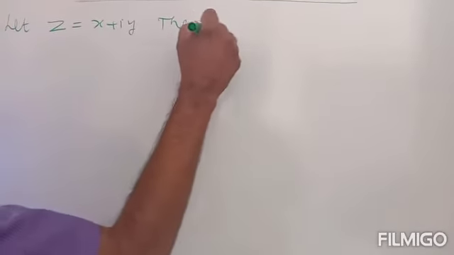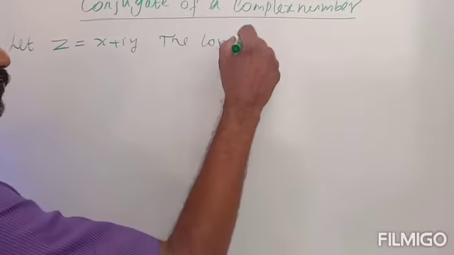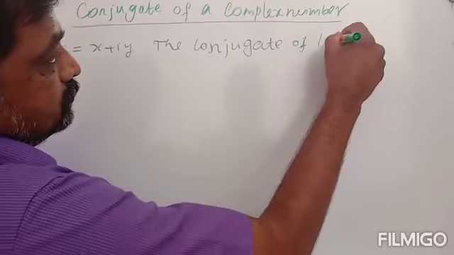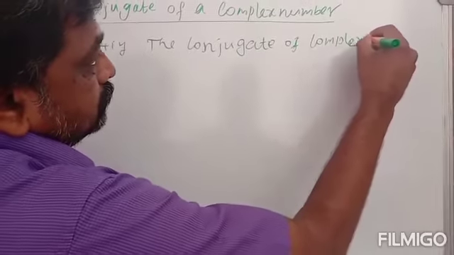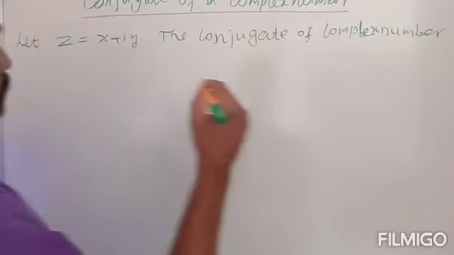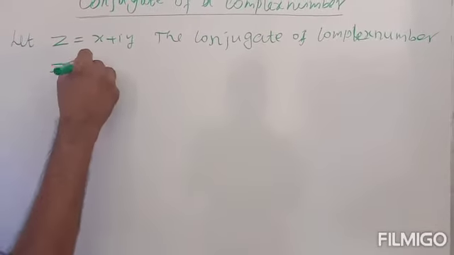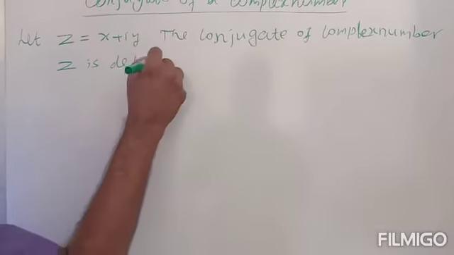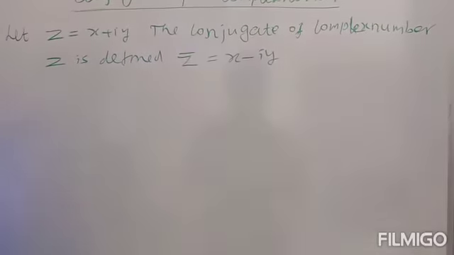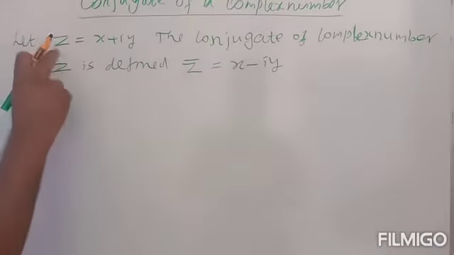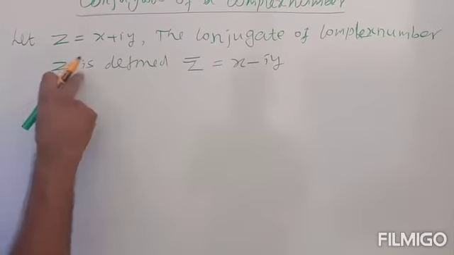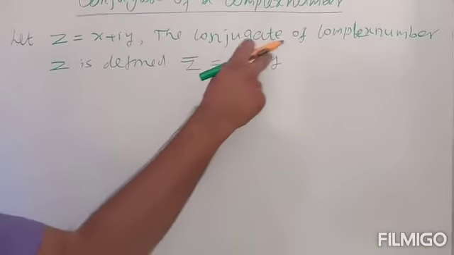The conjugate of complex number z is defined as z bar equal to x minus iy. Let z is equal to x plus iy. The conjugate of a complex number z is defined by z bar, that is equal to x minus iy.